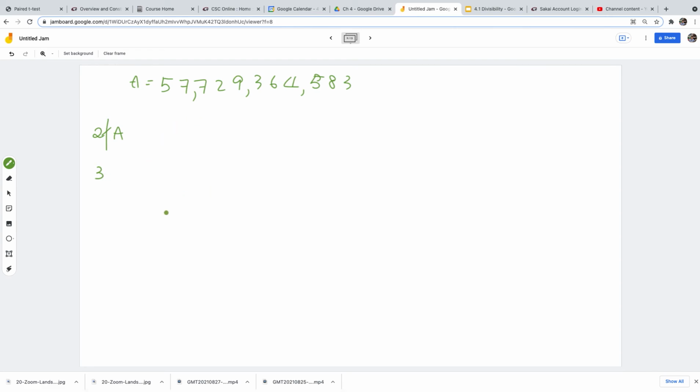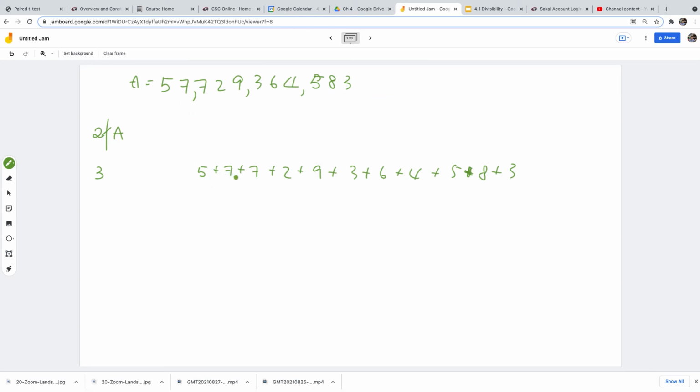To do the divisibility test for 3, we can just add all of these digits. So we can do 5 plus 7 plus 7 plus 2 plus 9 plus 3 plus 6 plus 4 plus 5 plus 8 plus 3. For a big number like this, it takes some time when you're adding the digits, but it's still so much shorter than dividing this by 3.